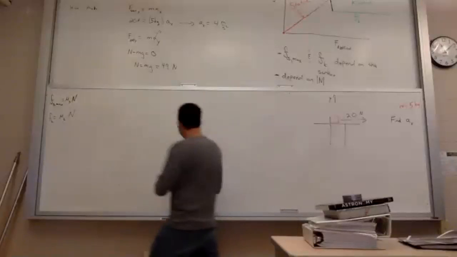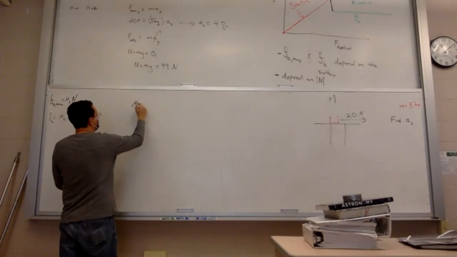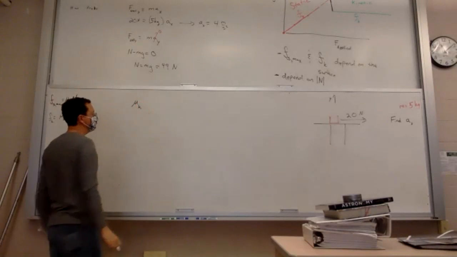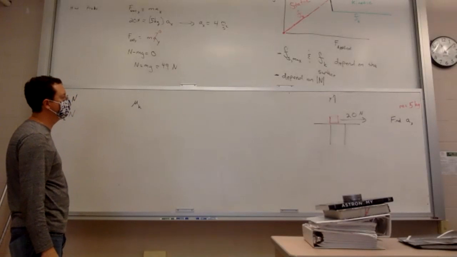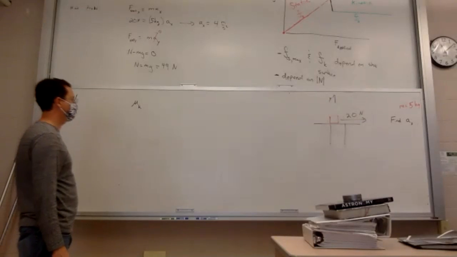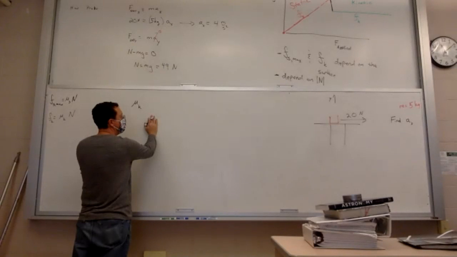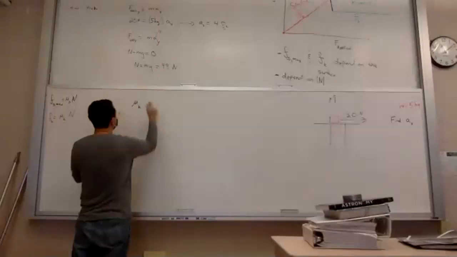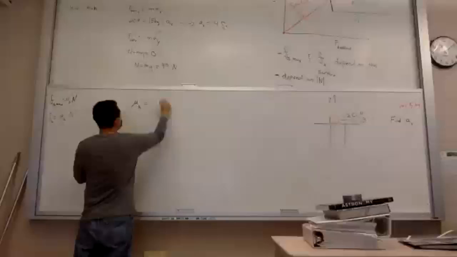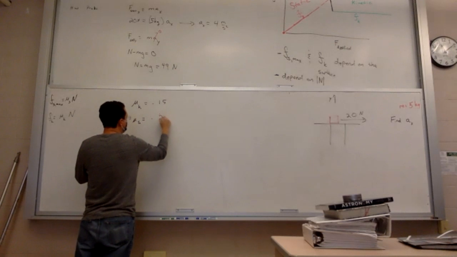Now, let's assume mu sub k equals 0.15, and assume mu sub s equals 0.2.